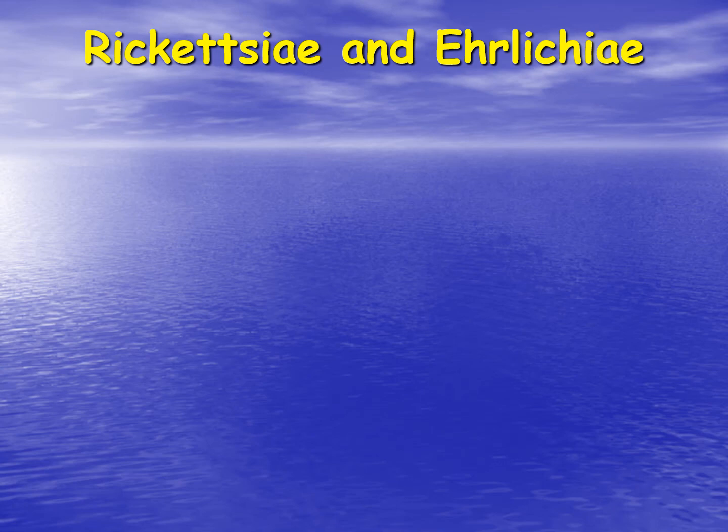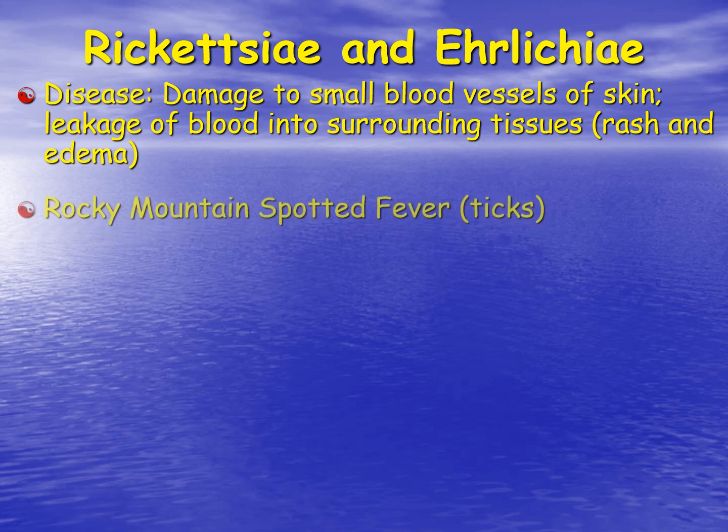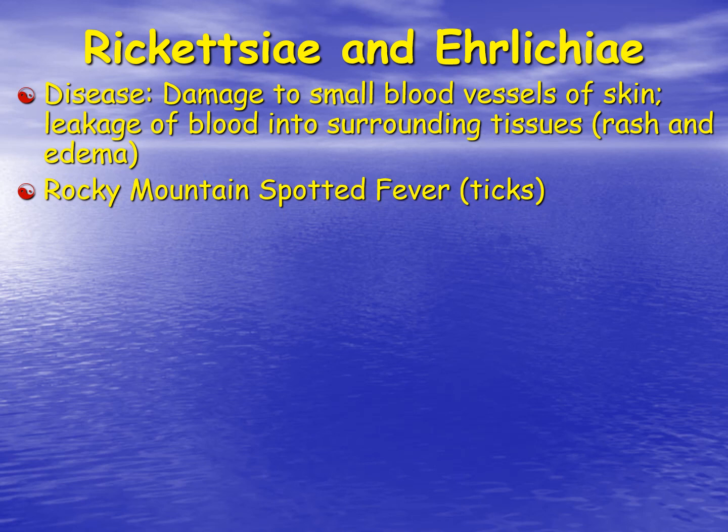Now, rickettsia and ehrlichia are small bacteria that can cause damage to small blood vessels in the skin, and this results in leakage of blood into the surrounding tissue, causing rashes and edema. And these are what we call the spotted diseases. So Rocky Mountain spotted fever, which is transmitted by ticks.